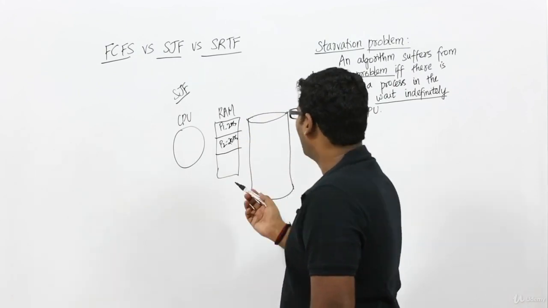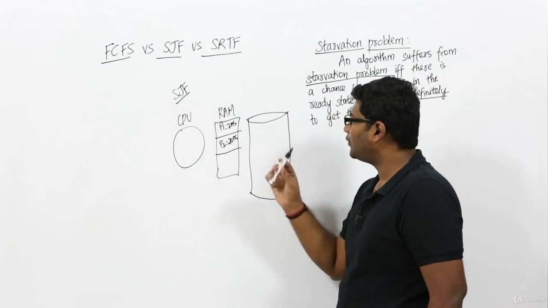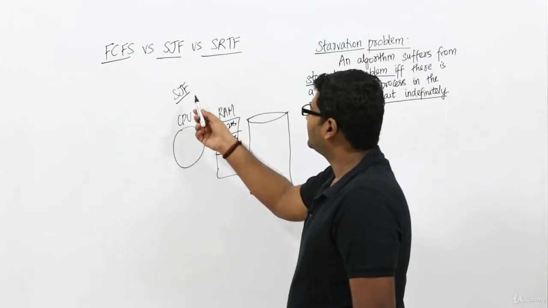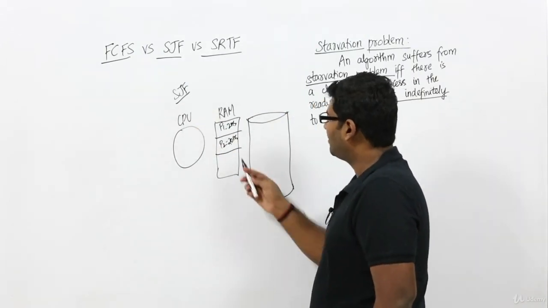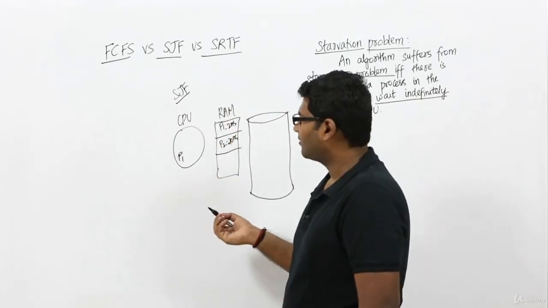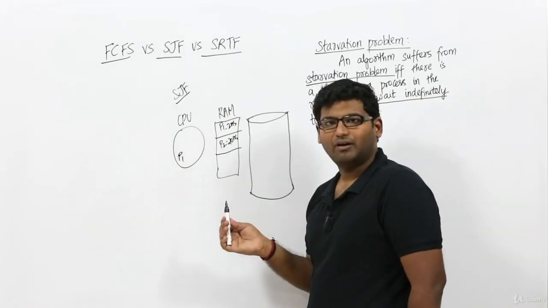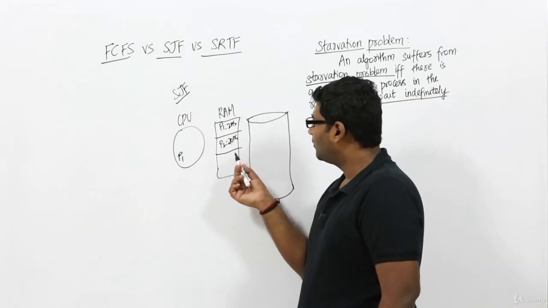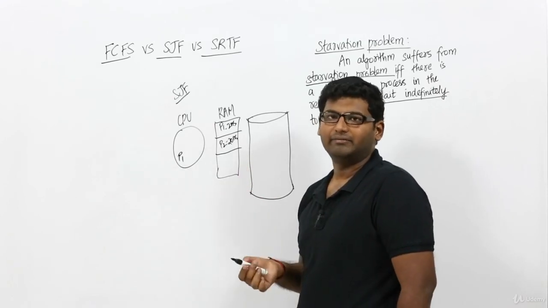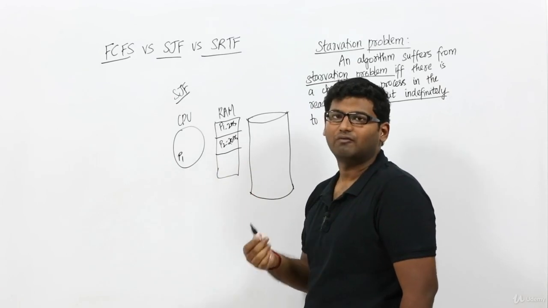Since P1's priority is higher than that of P2, P1 will be scheduled to the CPU, right? Now, my question is, is there a chance for process P2 to wait indefinitely?